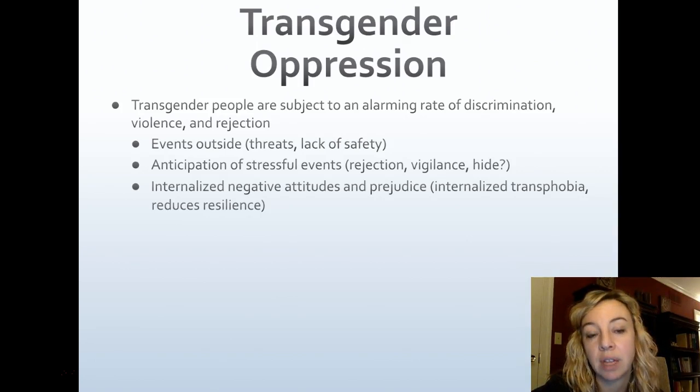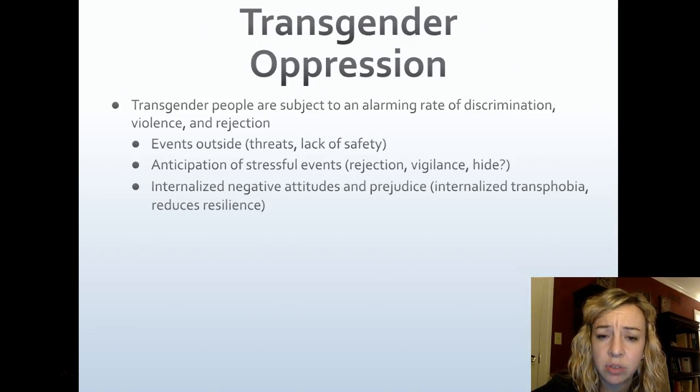This includes outside events like threats, lack of safety, and also anticipation of stressful events, just the stress of anticipating it. Rejection can create vigilance, make people isolate or hide. There can be internalized negative attitudes, like I hate myself. This reduces resilience. This can create other psychological distresses that are important to be aware of.